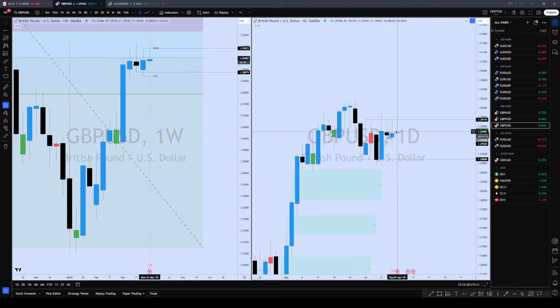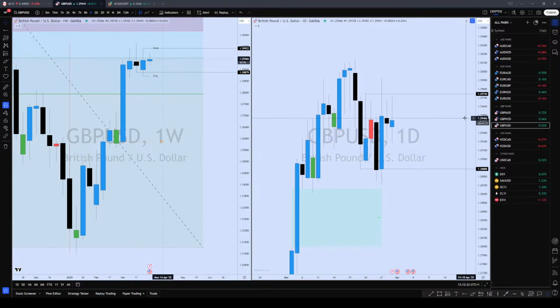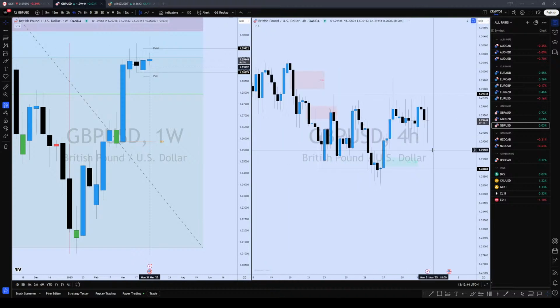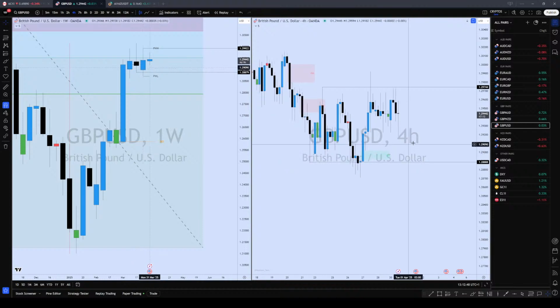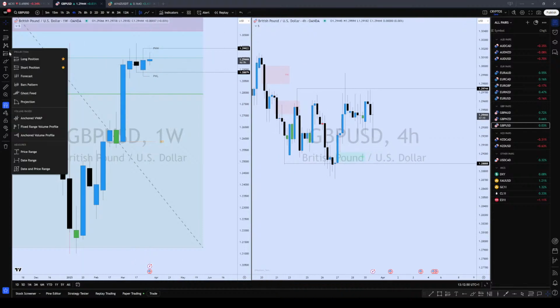Now with British pound, I actually have a trade idea. Last week when the market was about to close, I saw that they placed in an H4 fair value gap over here. So that is where this week your trade idea is going to be.